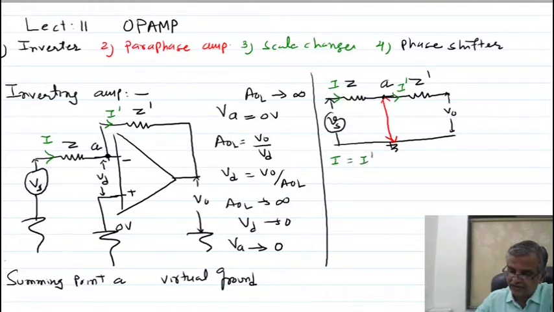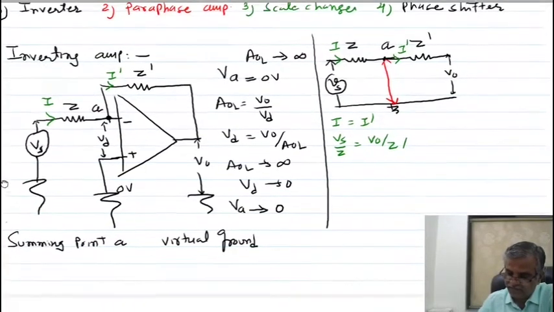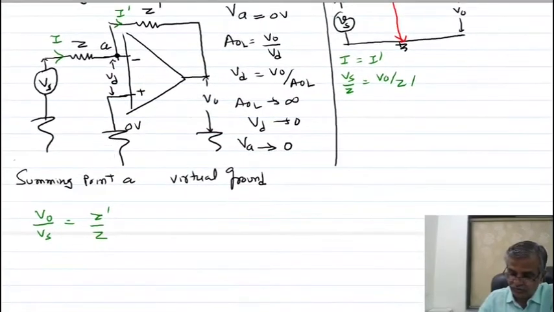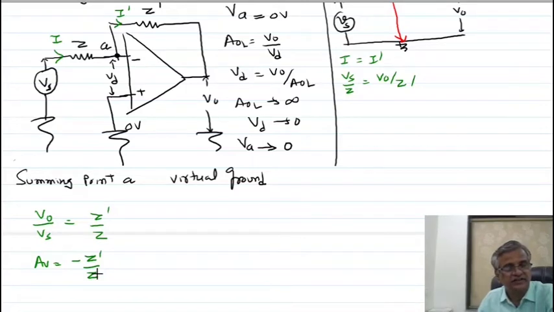I is equal to Vs by Z, which is equal to Vo by Zs. So I can write Vo upon Vs is equal to Zs by Z. So the gain is equal to minus Zs by Z. The negative sign indicates it is an inverting amplifier, that is, there is a 180 degree phase shift between input and output.